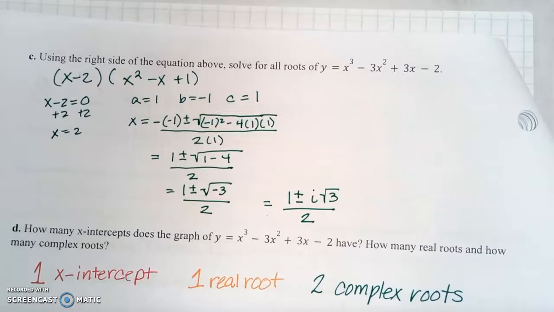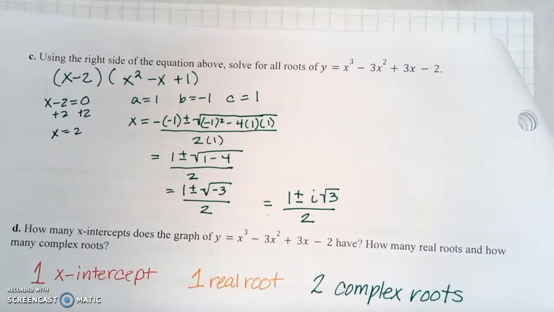And that's part of a third degree polynomial. This is the part where it's not going to intersect the x-axis. This is the part that will. Does that make sense? Will touch the x-axis, won't touch the x-axis. Okay?